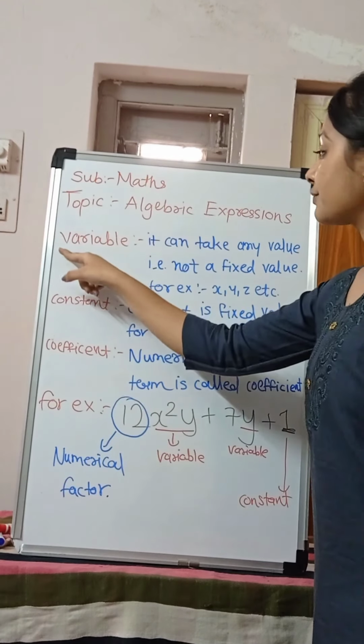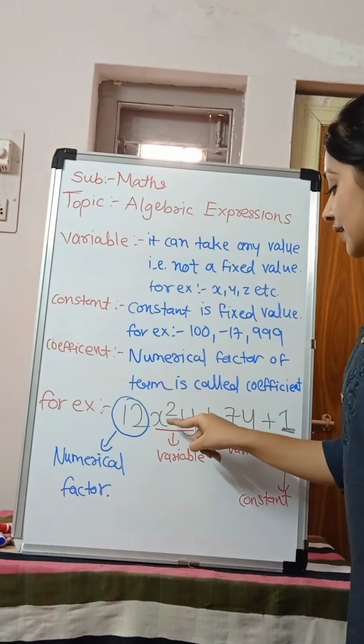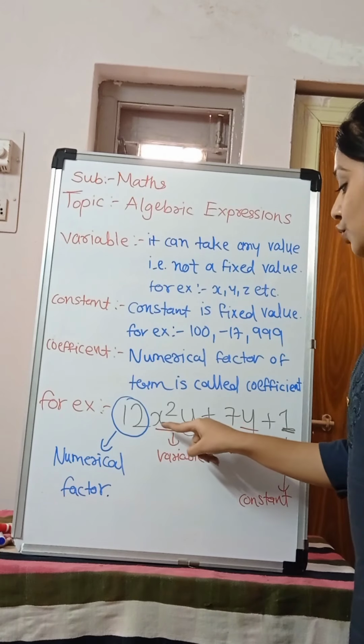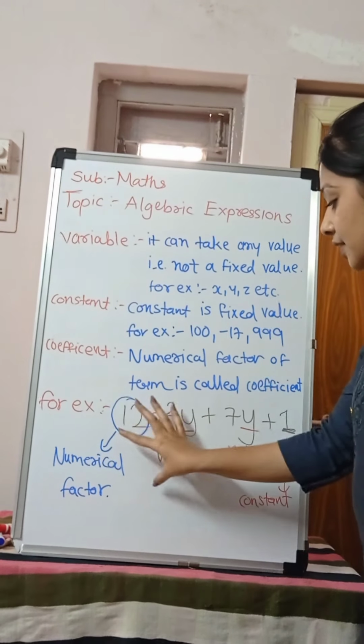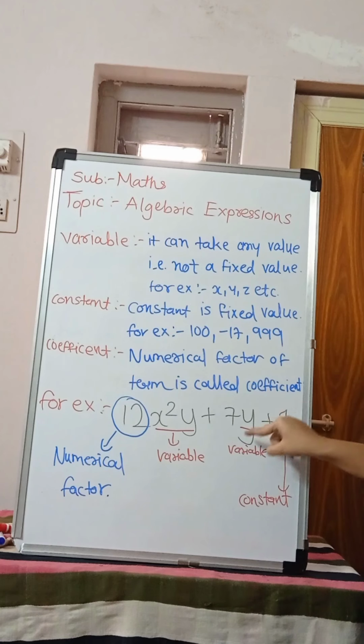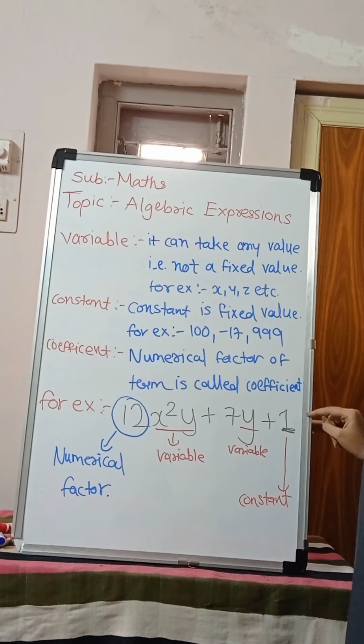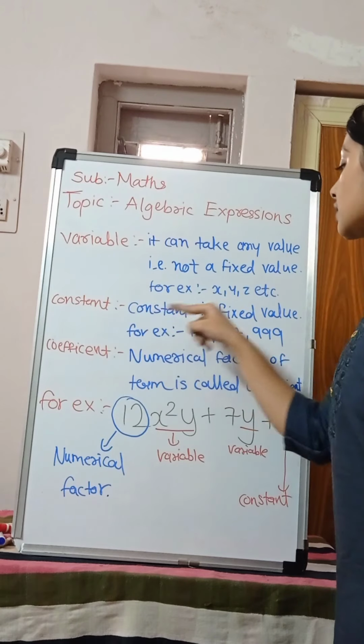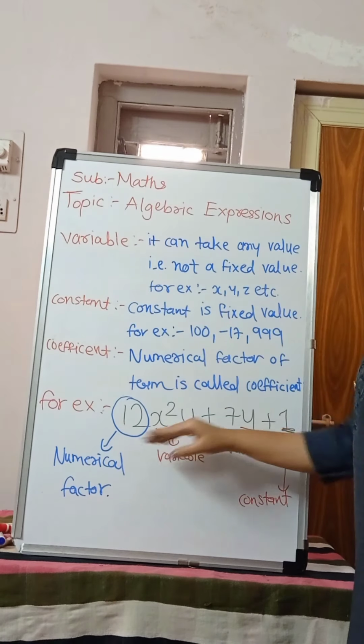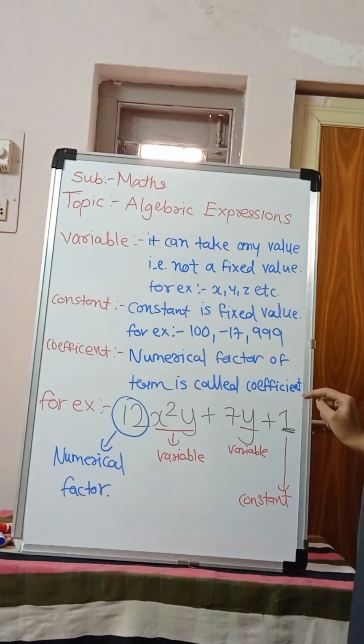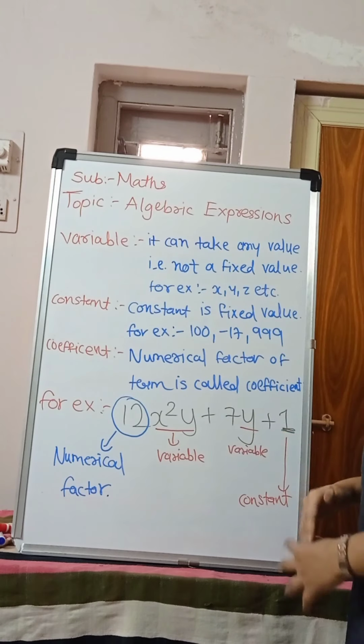Now first, variable. The variables of the first term are x and y, the variable of the second term is y, and here we don't have a variable. So what is the constant? Constant is a fixed value.